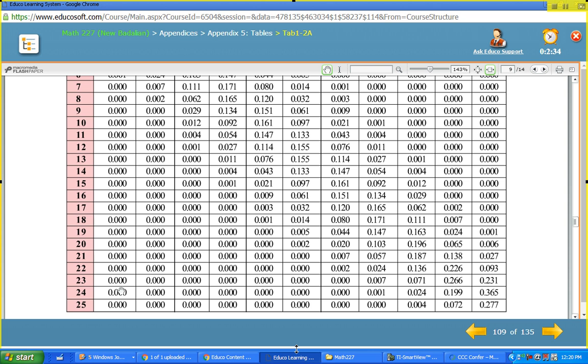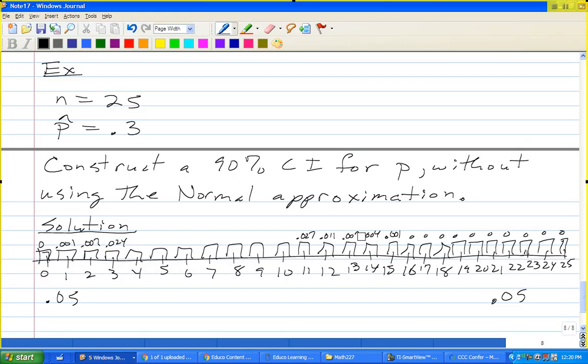Eleven's 27. No, 11's 54. There is no 7. Okay, 24, 11.